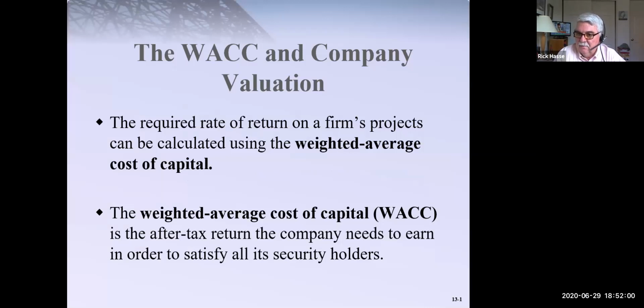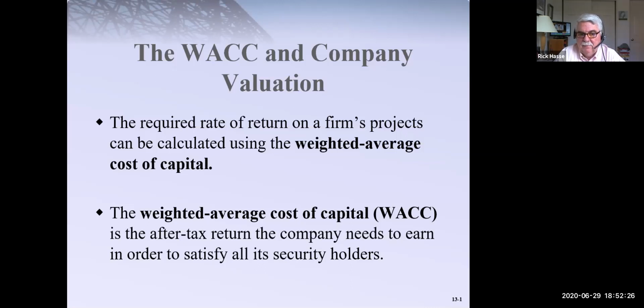The cheaper the money, the greater the value. We'll talk more about that in just a few minutes. The required rate of return of a firm's projects can be calculated using the weighted average cost of capital, WACC. I'm sure you guys have heard this before. We're going to practice this in discussion post number 3 this week.